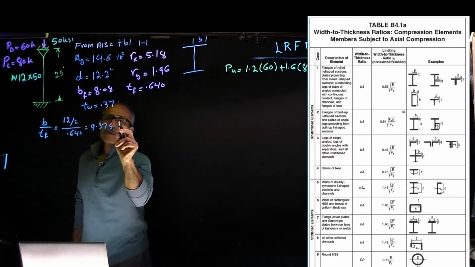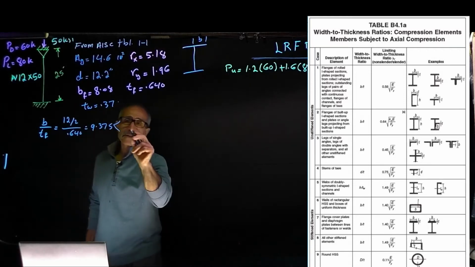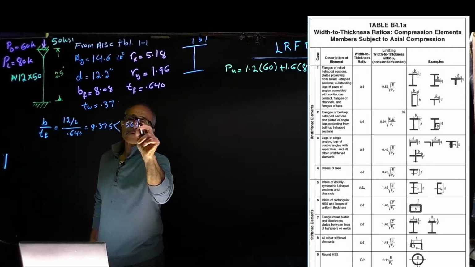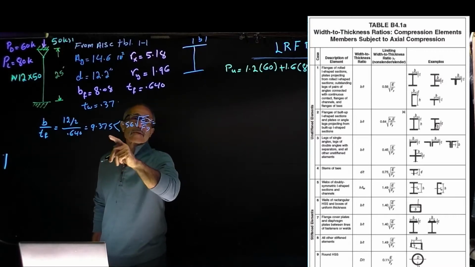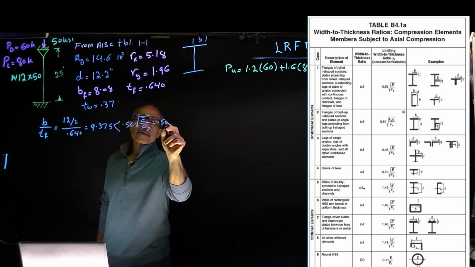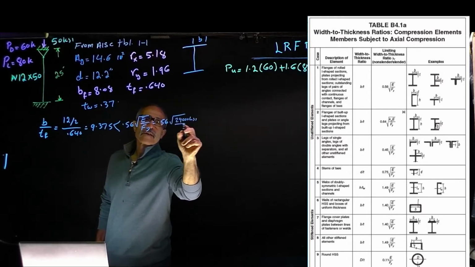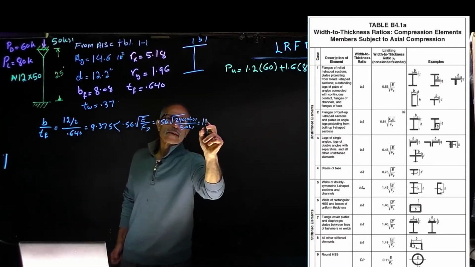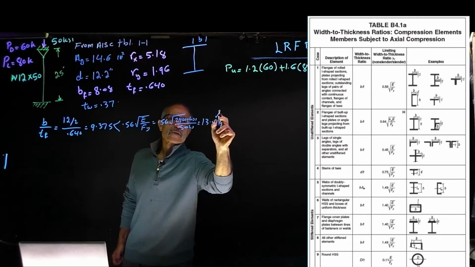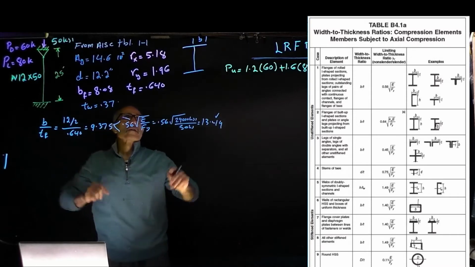Hopefully this is less than 0.56 square root of E over Fy. That comes out to 0.56 times the square root of 29,000 ksi divided by 50 ksi, and that number comes out to 13.49. So that checks out. That means we're not going to have any local buckling for the flange.